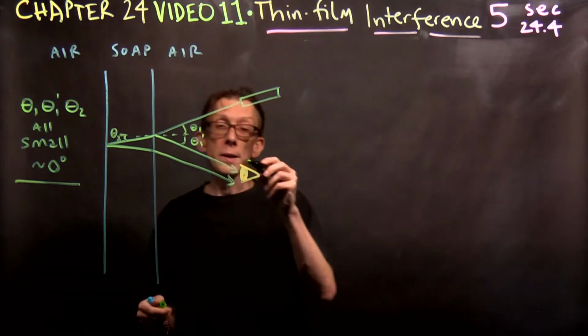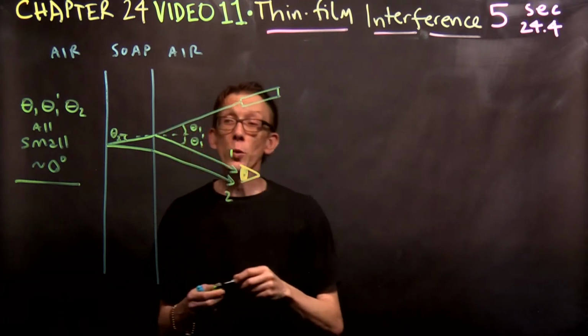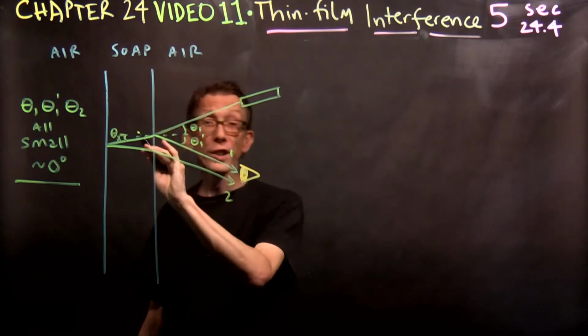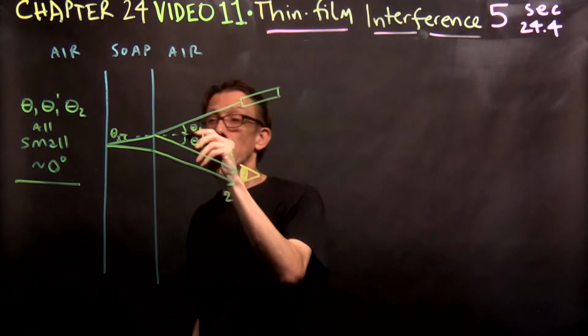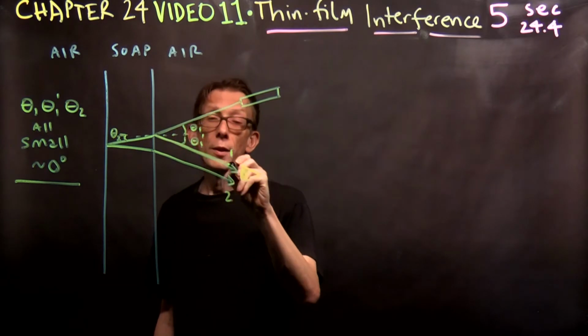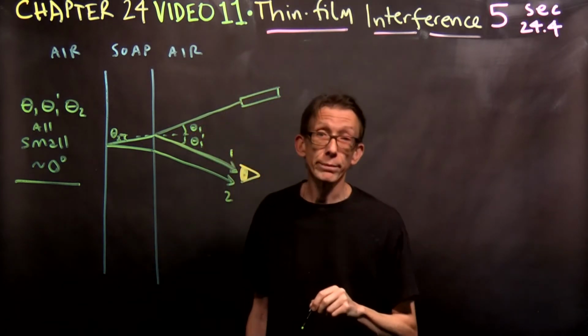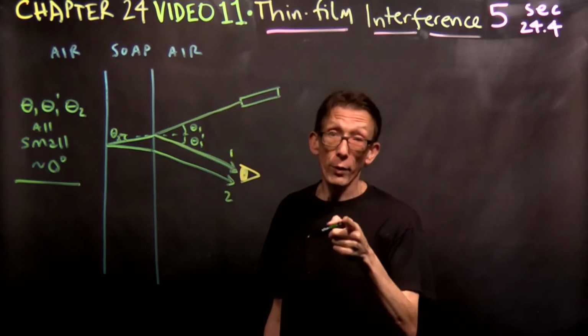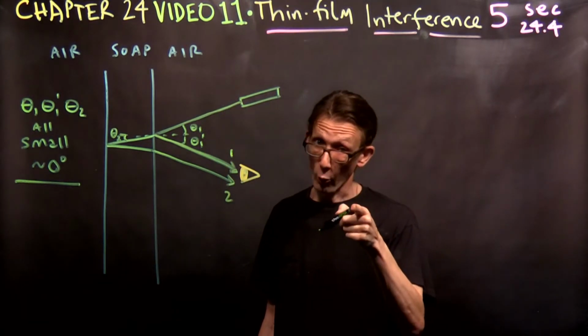All right. So we see two rays, 1 and 2. The first ray reflected directly off the front of the soap film and then entered our eye. That's ray number 1. The second ray has traveled further. Okay?